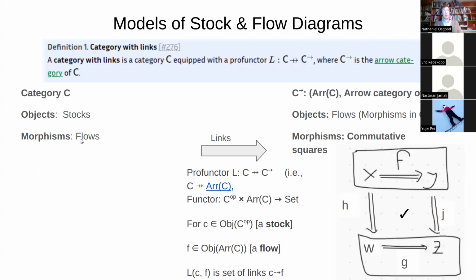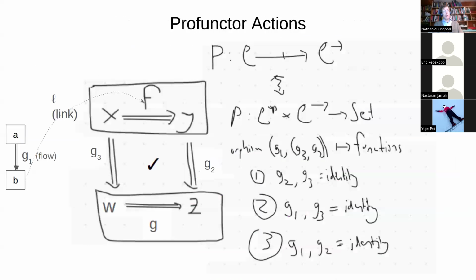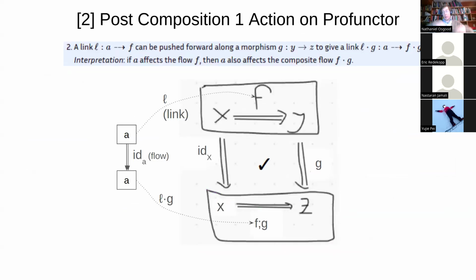If you have stock A to B with a flow, and then B to C with a flow, you can compose them in C to get a flow from A to C. Again, it doesn't say the ODEs have that flow in them. What it's saying is that compositionally, there's a second order flow from A to C. And in fact, in system dynamics, it will be called a second order flow. Again, it doesn't mean that is operating in the ODEs. It's a result of the compositionality.